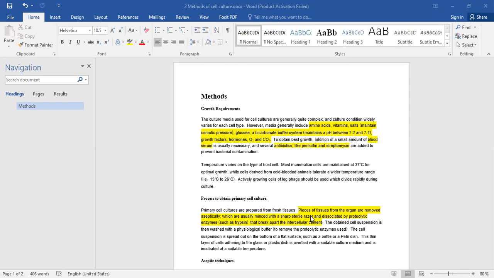A piece of tissue from the organ is removed very carefully, and we dissociate the cells from it. The cells are dissociated enzymatically. How can we dissociate the cells from the tissues enzymatically?